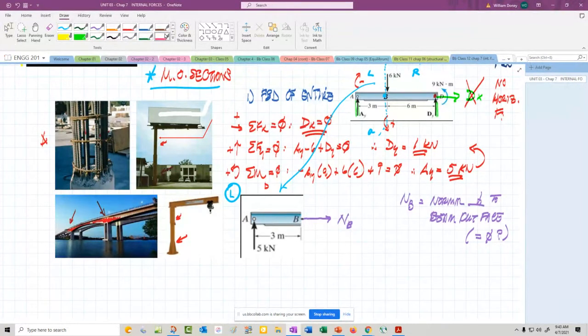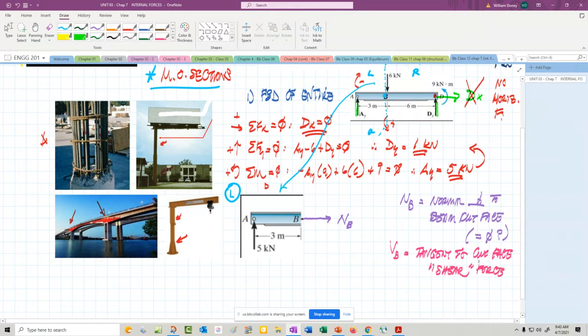All right, the next force component is V. And this is tangent to the cut face. And this is known as the shear force. Now the direction of the shear force is to cause clockwise rotation.